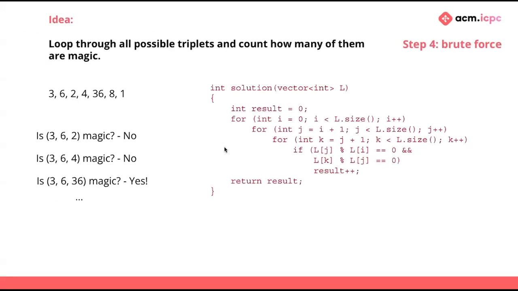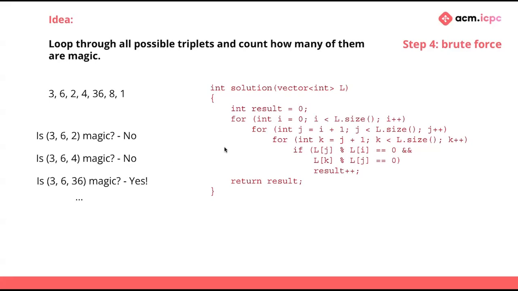So that's what's going on here. We have 3 nested loops, and for each 3 elements in the array, we check if the first divides the second and the second divides the third in order, and increment our result variable if it does.